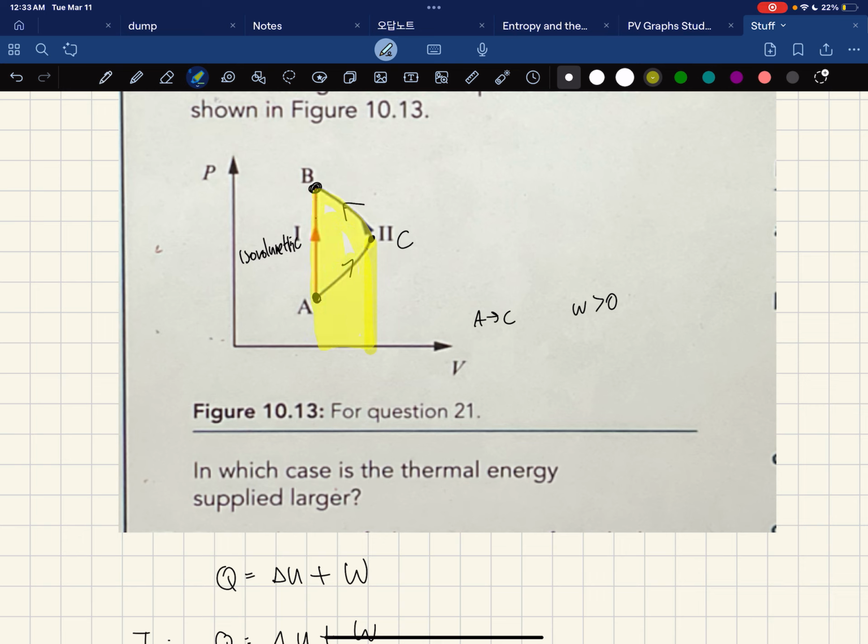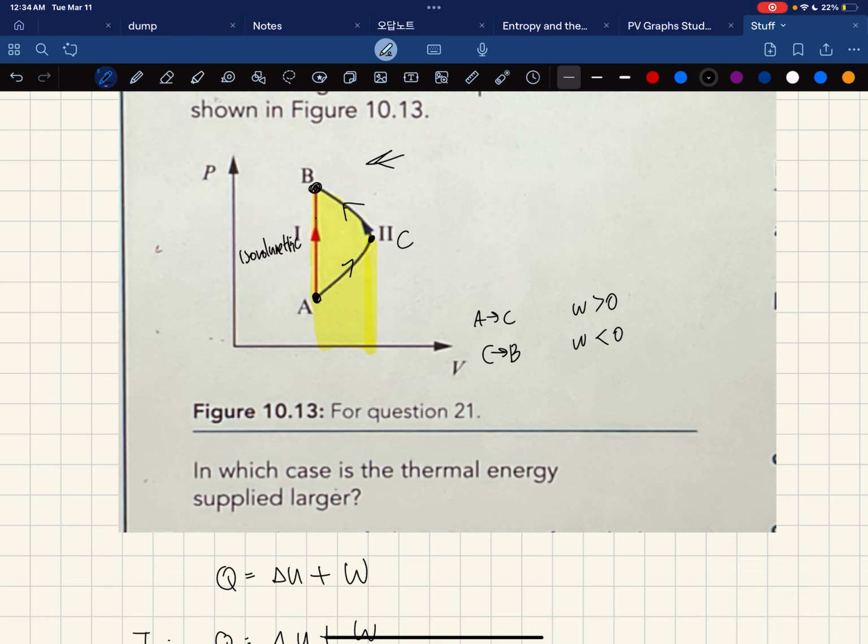So we can tell that the magnitude of the work done for C to B is higher than the magnitude of work done for A to C. Then let's work out the sign of this work done. Is it positive or is it negative? Answer is that it's negative because the arrow is going that way, meaning that there is a contraction, meaning that work is done to the gas. So work done is negative.